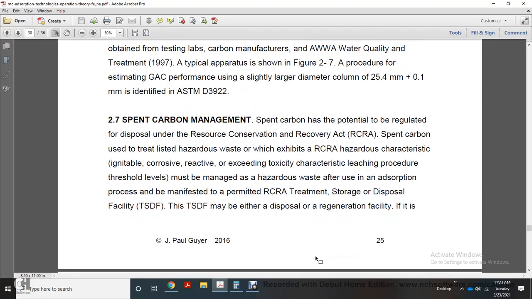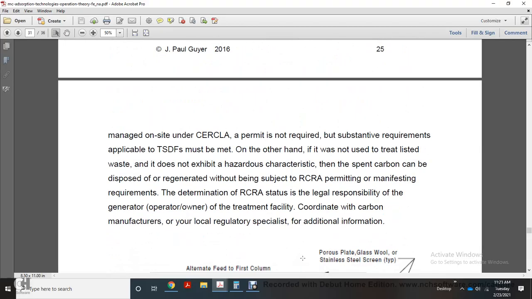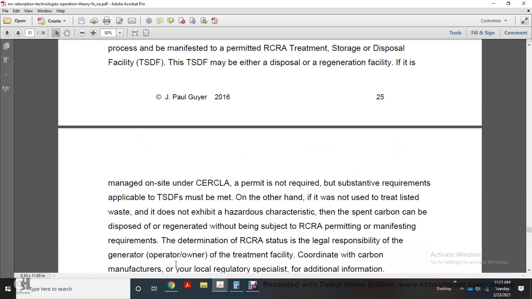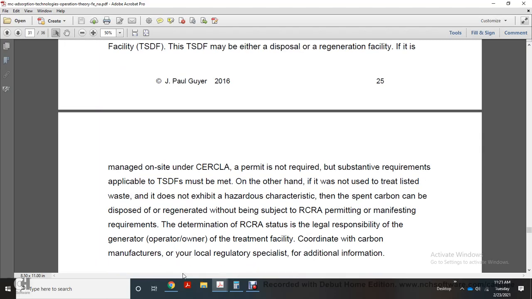either a disposal or regeneration facility, if it is managed under the Comprehensive Environmental Response, Compensation and Liability Act. If a permit is not obtained, the requirements applicable to treatment, storage, and disposal facilities must be met.